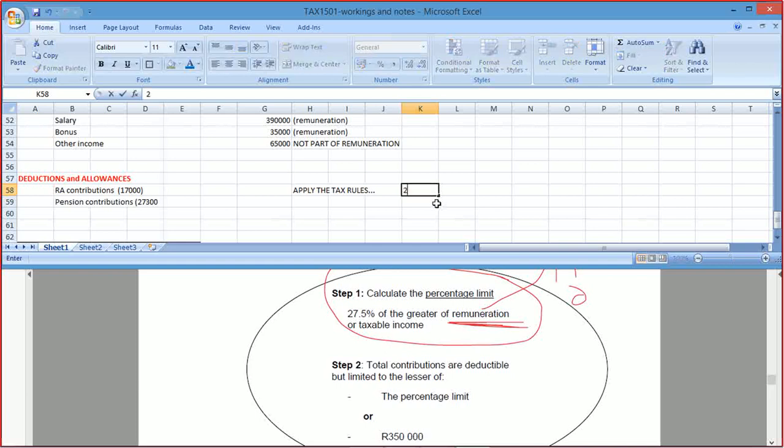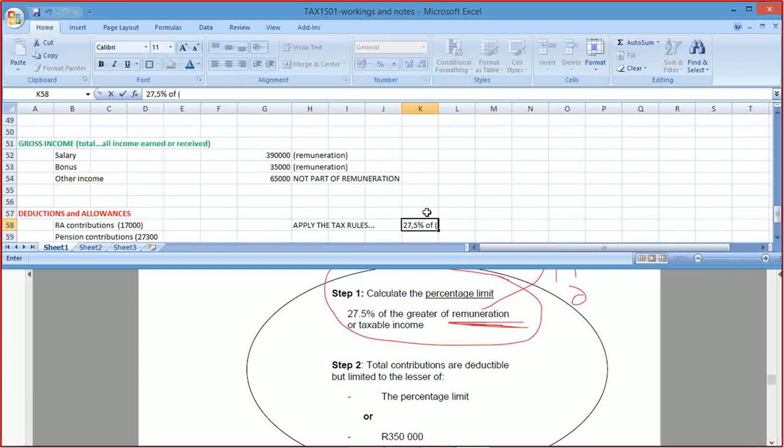27.5% of her remuneration, which is how much? Open brackets, 390,000 plus 35,000, close brackets, equals. Let's see what that gives us. Brackets, 390,000 plus 35,000, close brackets, times 0.275.